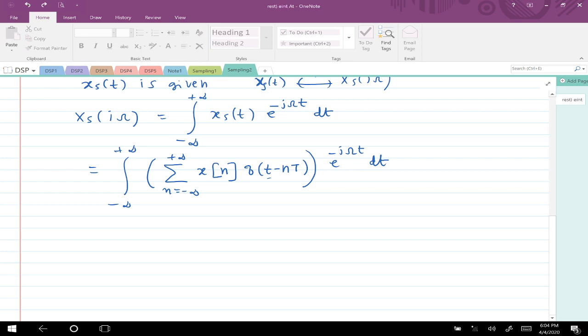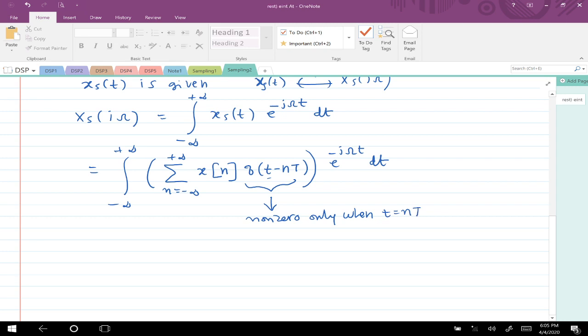So it is non-zero only when your t value is equal to nT.